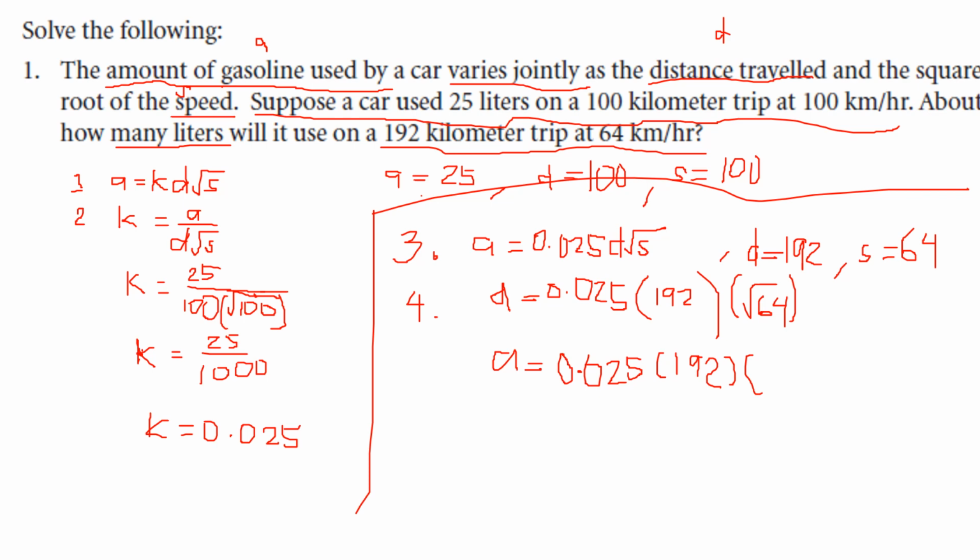So the square root of 64 is 8, because 8 times 8 gives us 64. So, by simplifying, multiply it. We have 0.025 times 192 times 8.